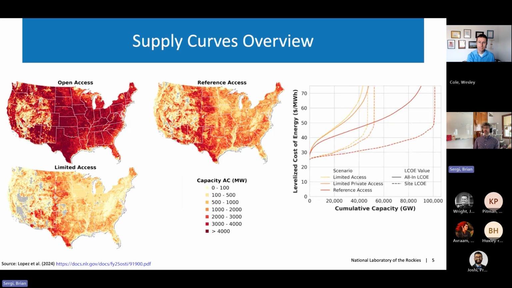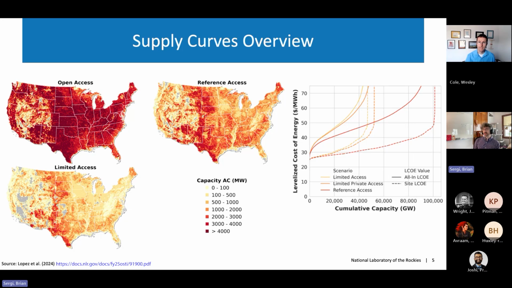So here's a schematic or illustration of what the supply curves essentially look like. The left is showing some maps for three different access cases, and Wesley will talk a bit more about how this is generated, providing more details on what goes into these different cases. But essentially, these are showing different levels of potential availability based on exclusions related to different siting criteria or stringency.